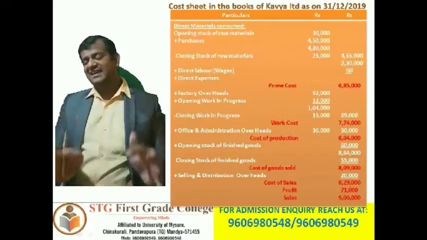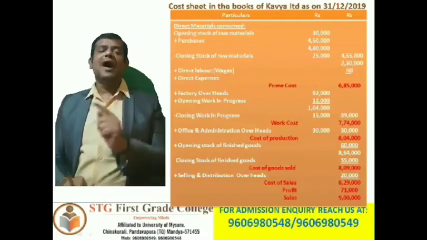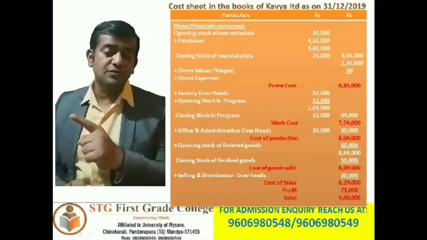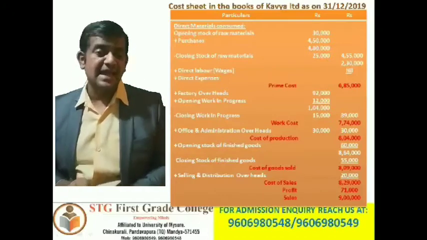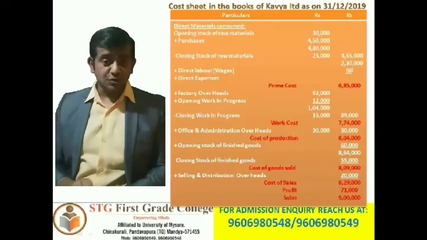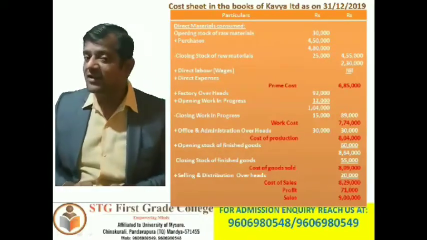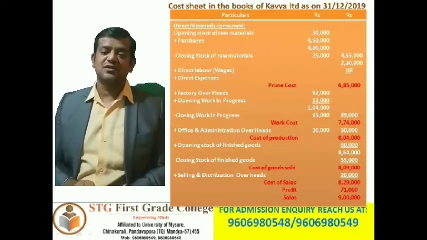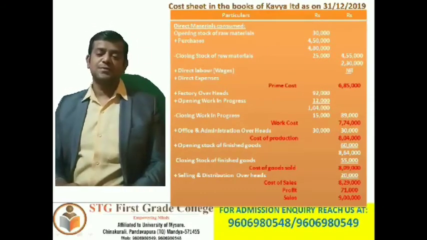So directly take 30,000 and put it in the outer column. Now add 7,74,000 plus 30,000. The total you get is 8,04,000 rupees. That is what we call the cost of production, 8,04,000 rupees.